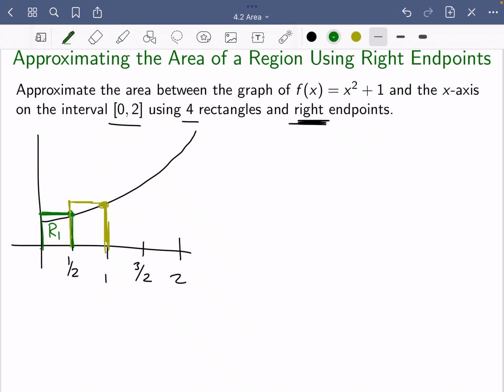And then the right hand of the next interval. We have region 1, region 2, region 3, and region 4.